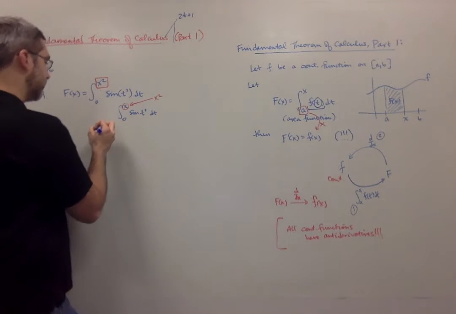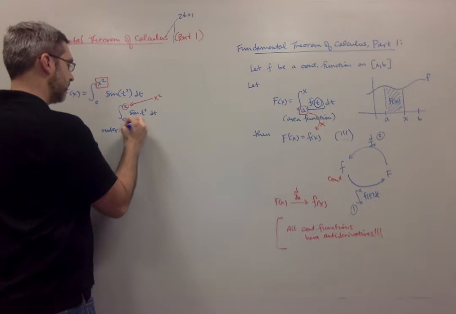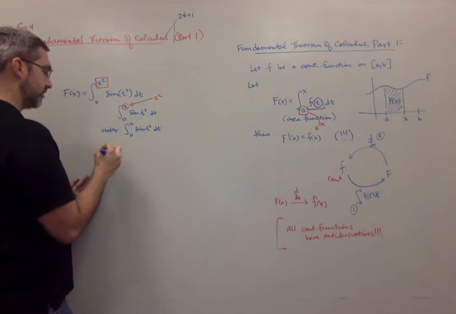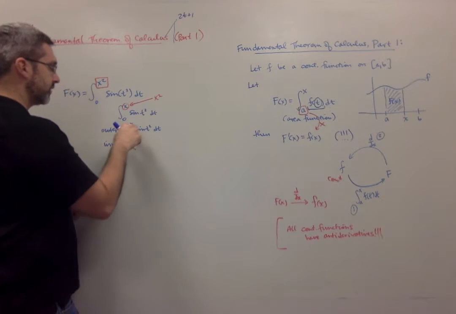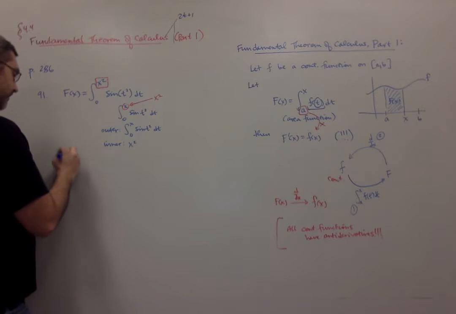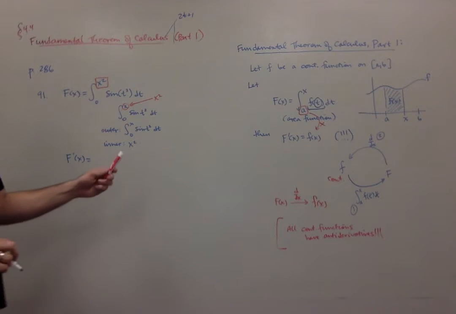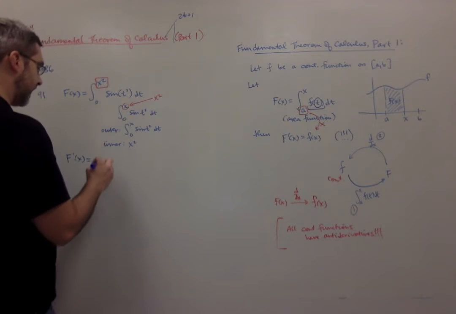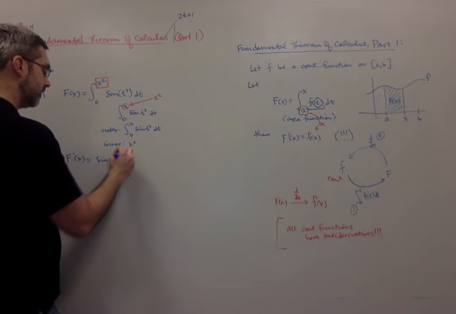So let's formalize this a little bit. Our outer function here is the integral from 0 to x of sine of t squared dt, and my inner function is x squared. According to the chain rule, I do the derivative of the outer. The derivative of this outer function, I would just stick in an x wherever there's a t.